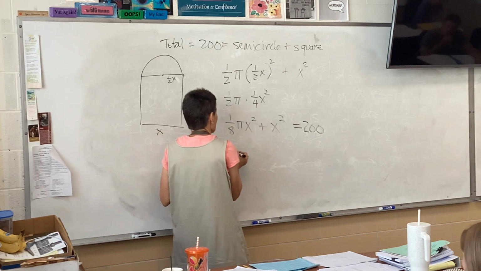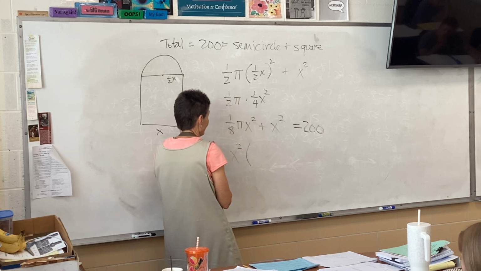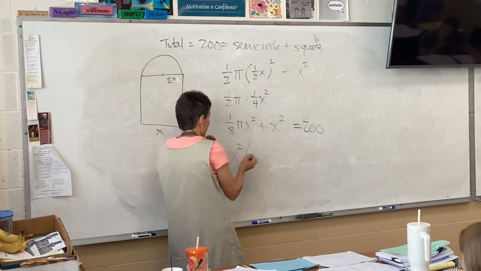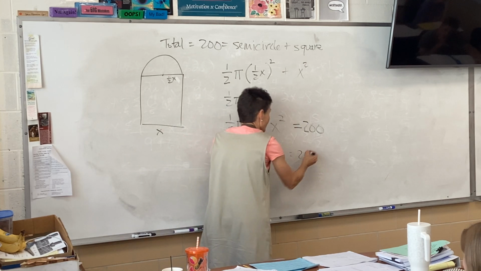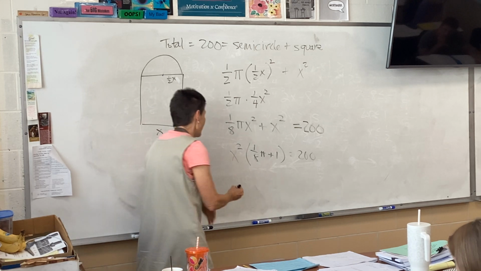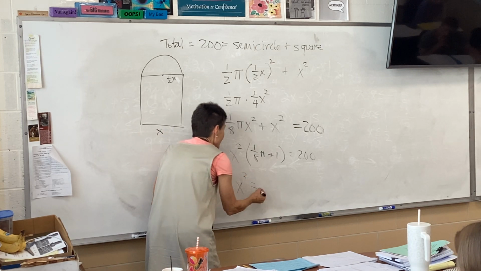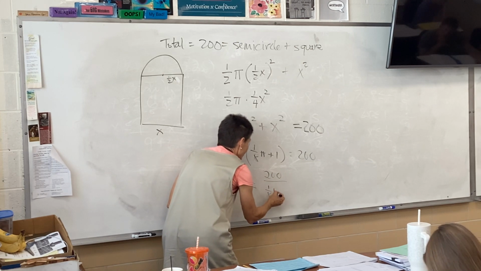You can take out an x squared, and if I did that, what would I have left? X squared, 1/8 pi plus 1. But that doesn't really help me. I guess it could. X squared equals 200 over 1/8 pi plus 1.